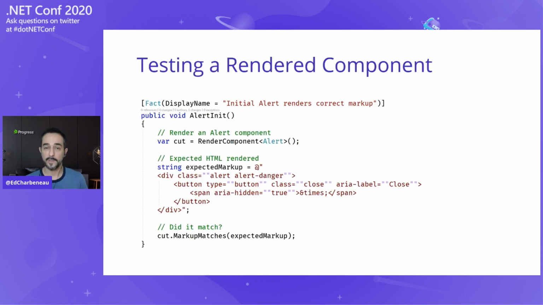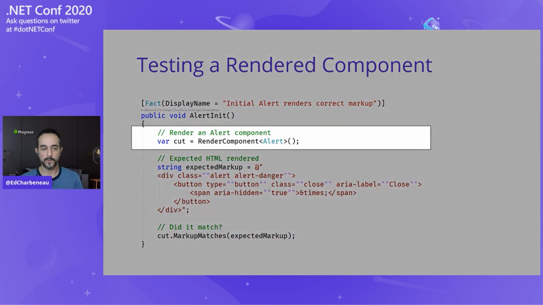So let's take a look at what a bunit test for a Razor component would look like. It looks awful similar to an XUnit test because it's actually leveraging the XUnit library. You can also use other test unit libraries with it, but I'm using XUnit with it. So we're going to test to see if the initial rendering of a component is valid and what we expect. So the first thing we'll do is tell bunit to render that component, and we're going to render an alert component.